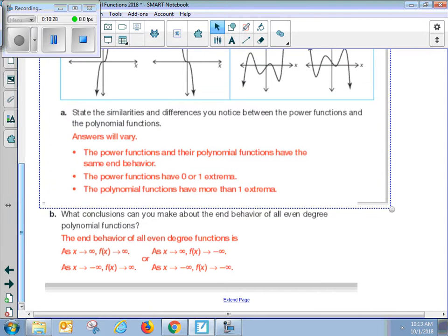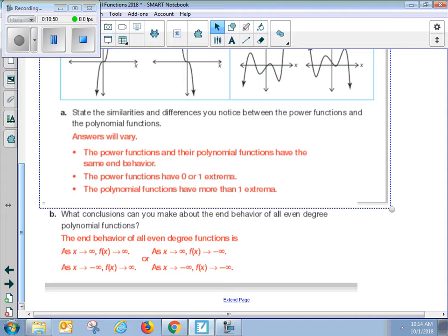End behavior. Are you end behaviored out? It's on your test. I would expect you could do that. So this question was talking about end behavior of all even degree functions, whether it is x to the 2, 4, 6, 8, 10, x to the 100. It's still going to have the same end behavior. As x, this is for a positive one.